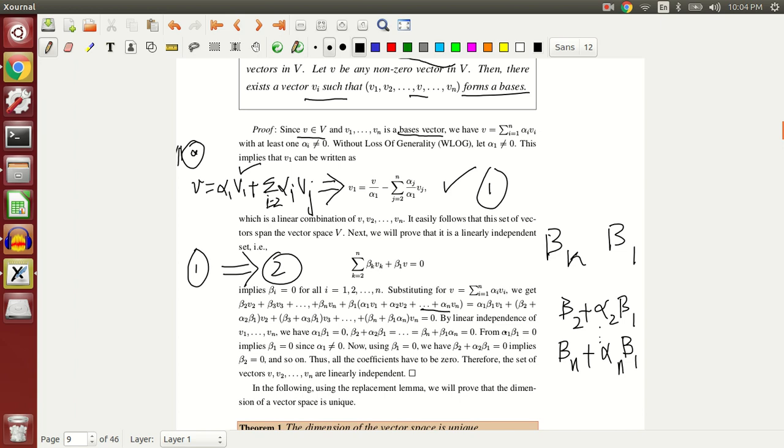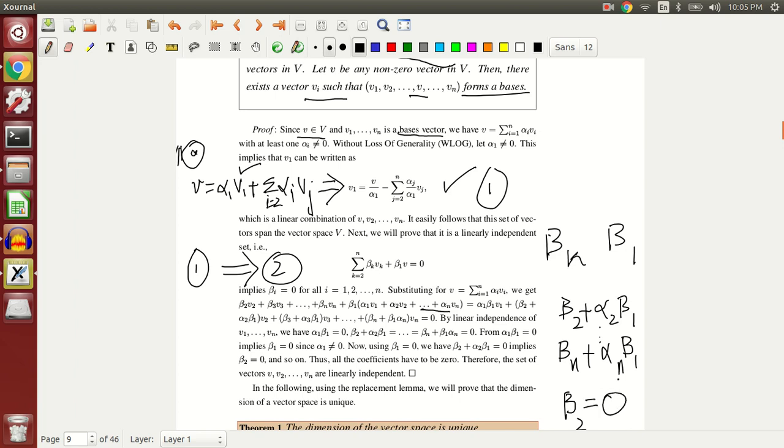So the first term is 0. If the first term is 0, we know alpha 1 has some value. That implies beta 1 is 0, because alpha 1 has some value. This ought to be 0. If beta 1 is 0, then this whole term becomes 0 and beta 2 is 0.